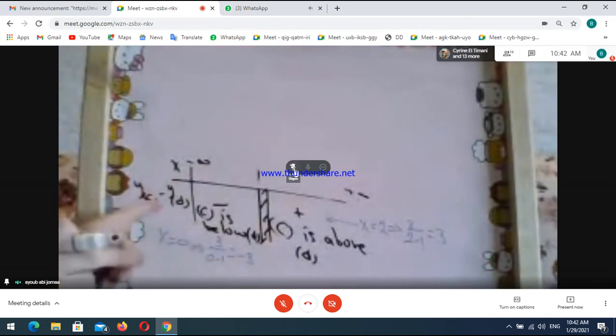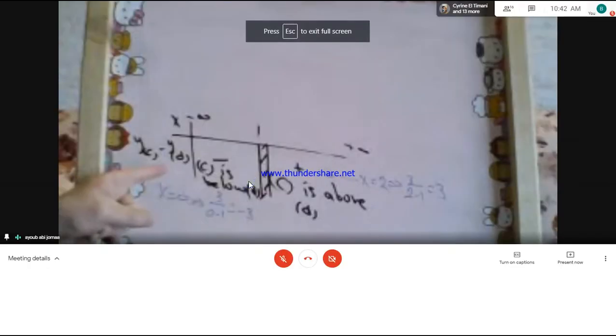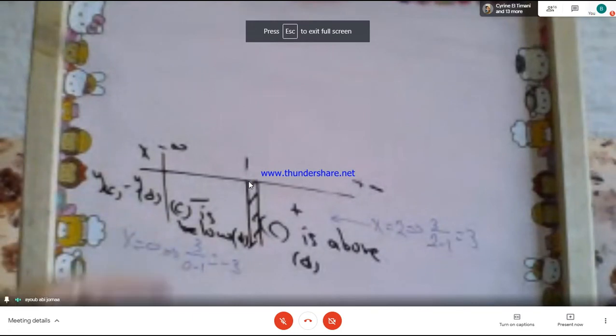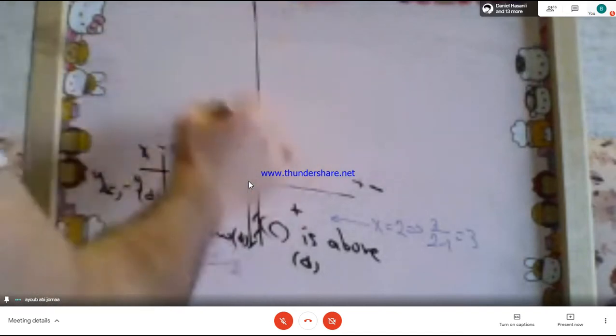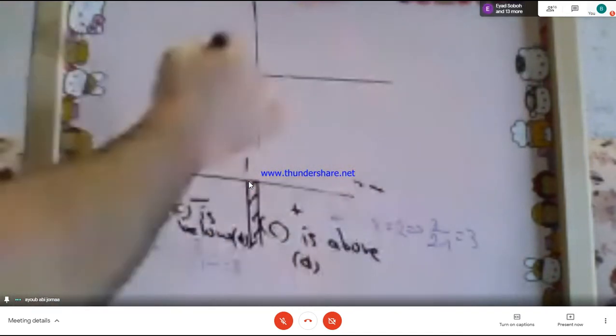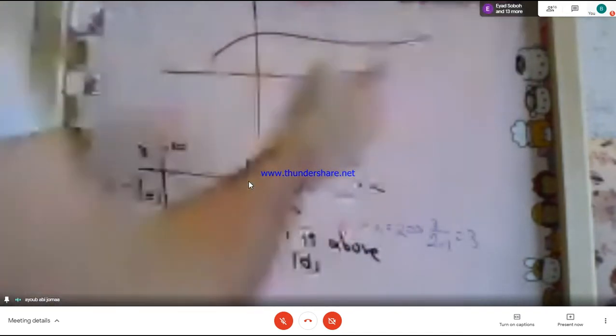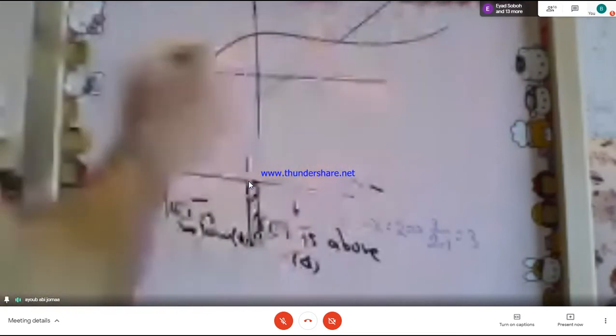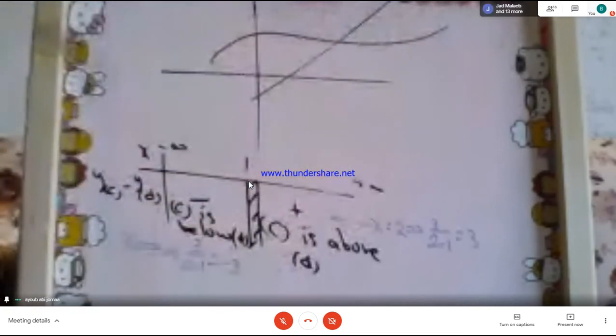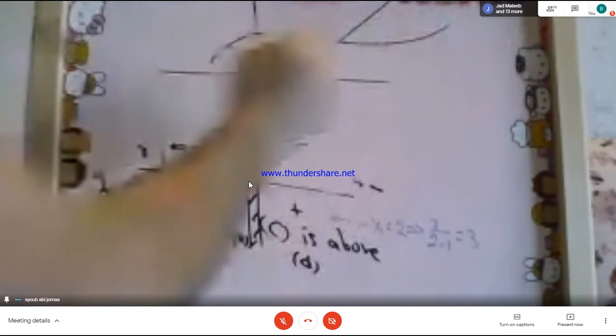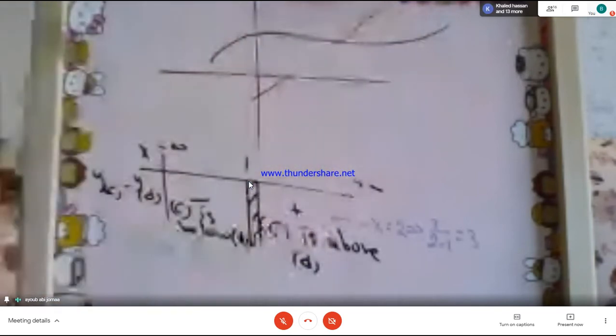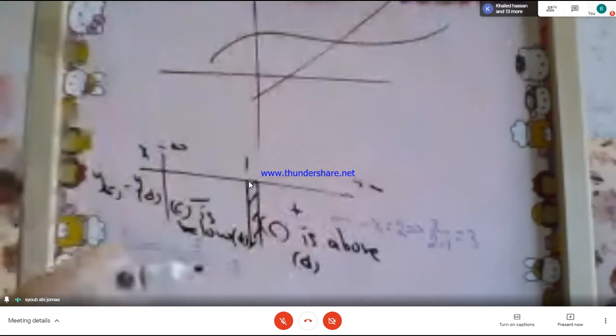To explain why, in the case yc minus yd is negative, the curve is below the line. Let's say that here we have the curve and here we have the line. yc minus yd: we have the same value of x.